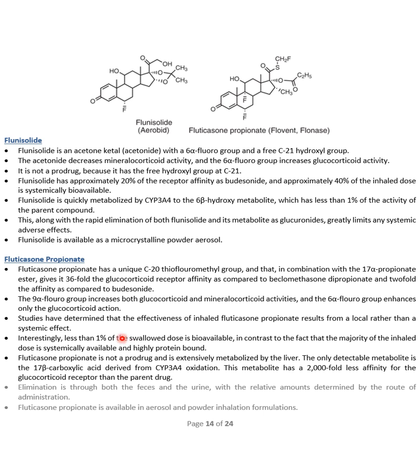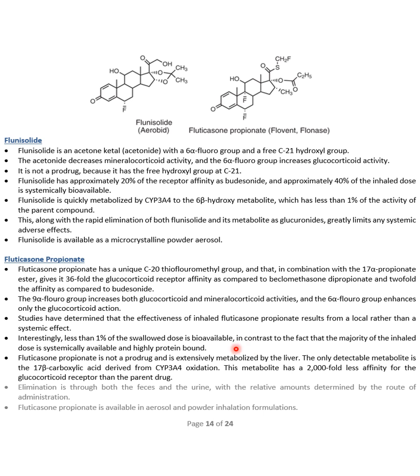Also, the effectiveness of the inhaled fluticasone is actually due to the local effects, while the systemic effect has 1% bioavailability because it's extensively metabolized by the liver. In other words, the majority of the drug, just like all the ones that are inhaled, is actually taken orally and reaches the systemic circulation through oral absorption.